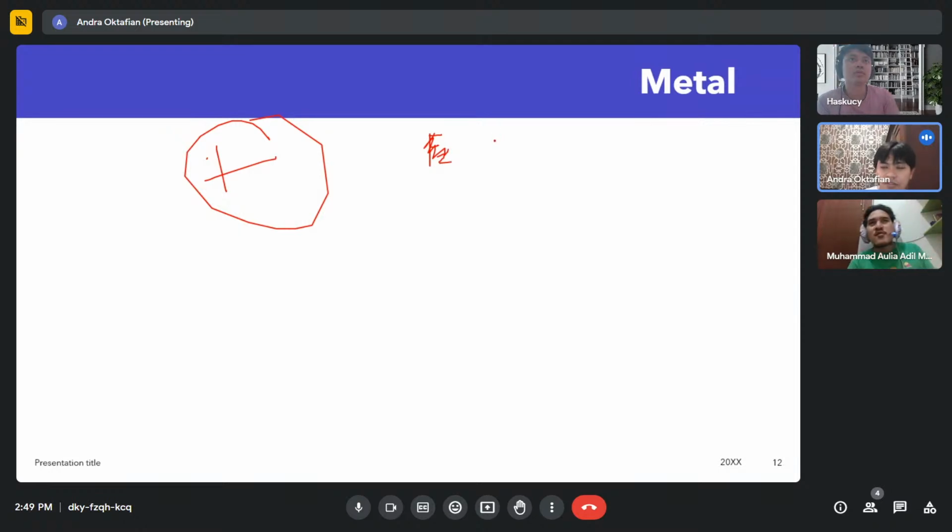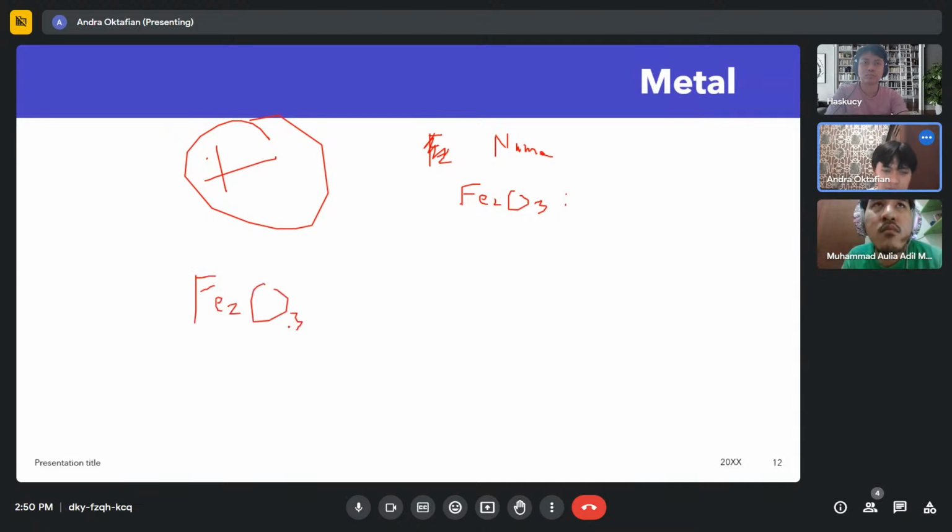How can you name a compound like this, for example, Fe2O3? The first thing is that you need to put the oxidation states. So here, in Fe2O3, we have -2 for oxygen, multiplied by 3, results in -6.